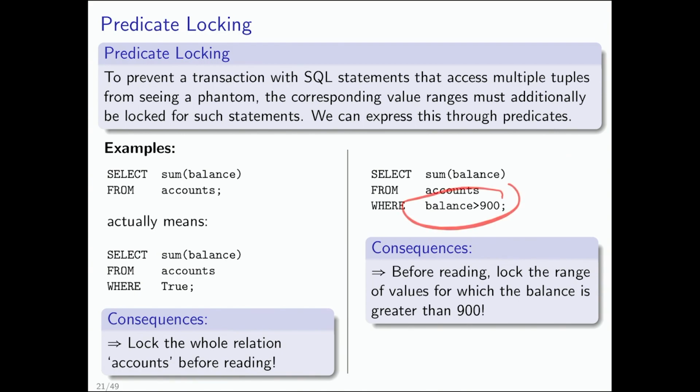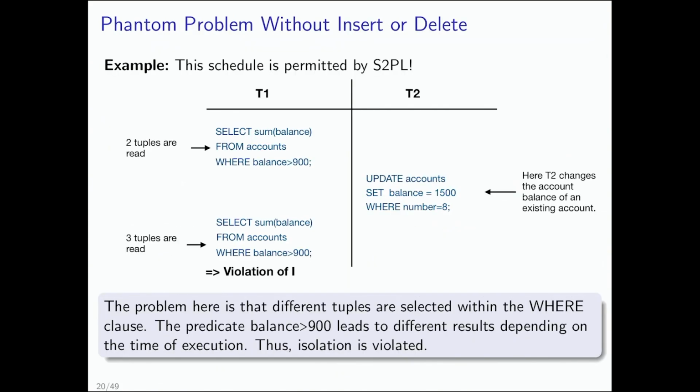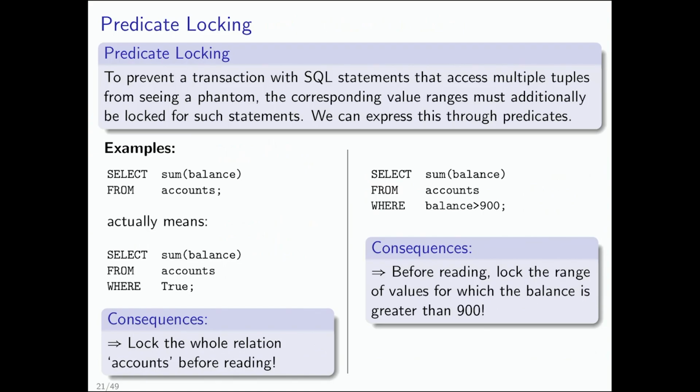That is what happened before in that example. Here you saw someone changed a tuple to have a balance greater than 900. And now what we are doing with predicate locking is no one is allowed to change values such that their balance will be greater than 900. That is what predicate locking is about.